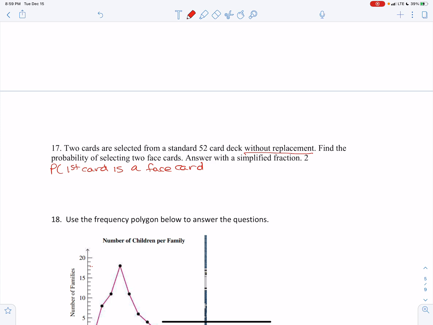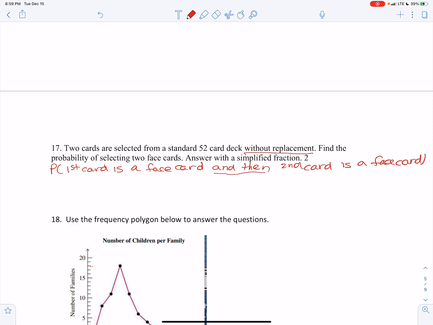Okay, we don't put it back. And then the second card is a face card. So our experiment has 2 parts. We want the first one to happen and then the second one to happen. So this is the multiplication principle.